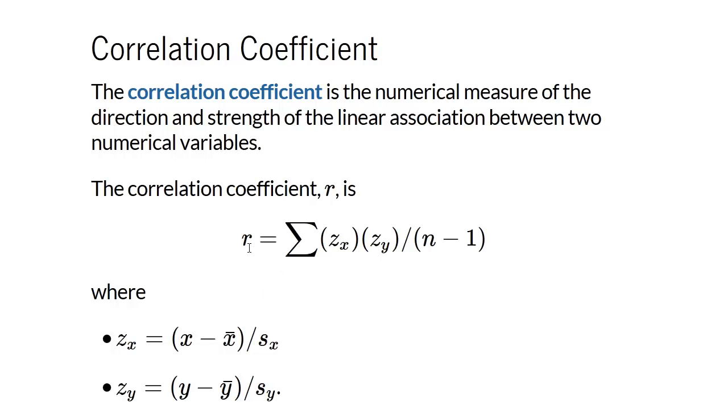So in the equation for the correlation coefficient, for each ordered pair, in other words, each point in the scatter plot, the z-score for the x-coordinate is multiplied by the z-score for the y-coordinate. This gives a sort of measure of how far each point is away from the point of averages. These products are then summed, and the sum is divided by n minus 1.